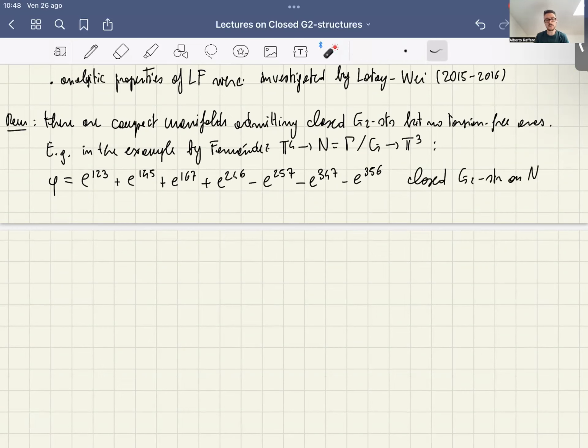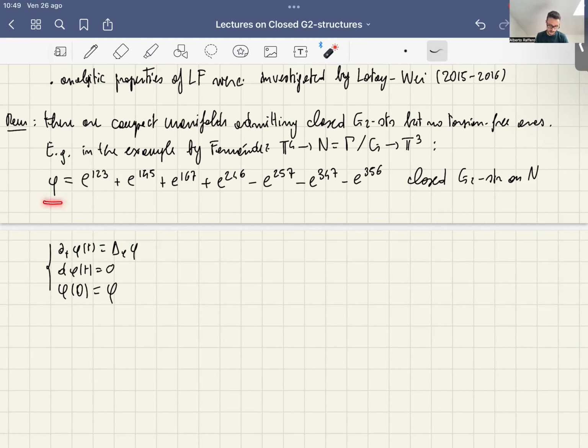In order to solve the Laplacian flow, let's say ∂φt/∂t equals the Laplacian of φt, dφt equals 0, and φ at time 0 equal to the closed G2 structure we have, it is usually useful to make some ansatz on the solution.